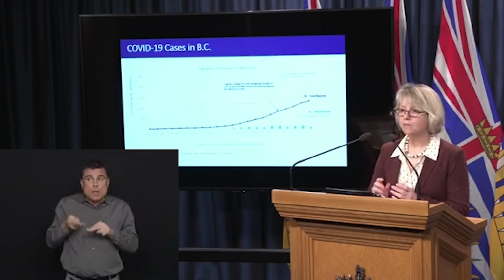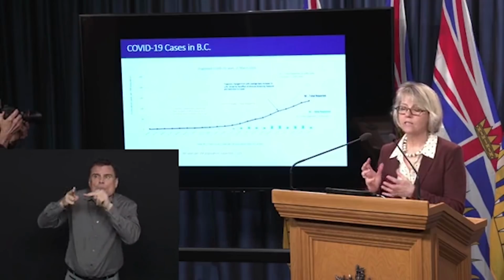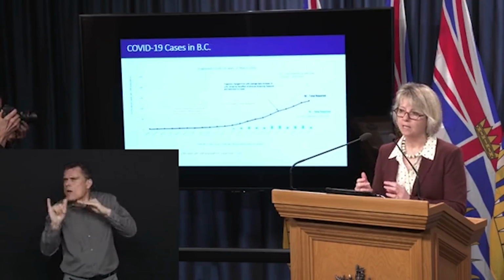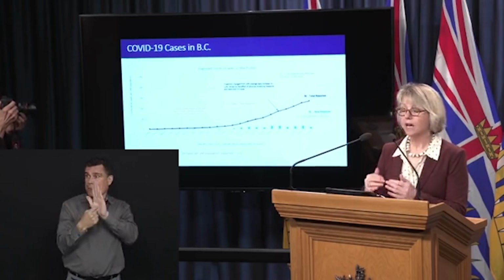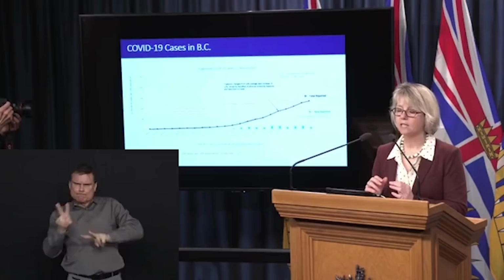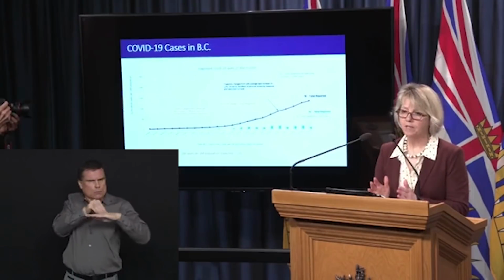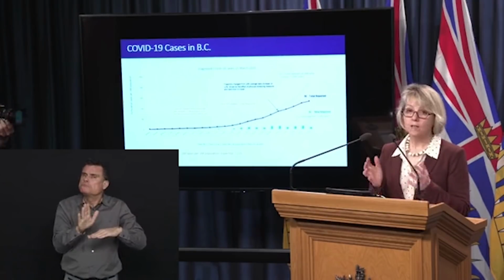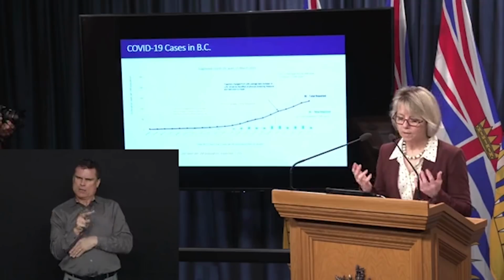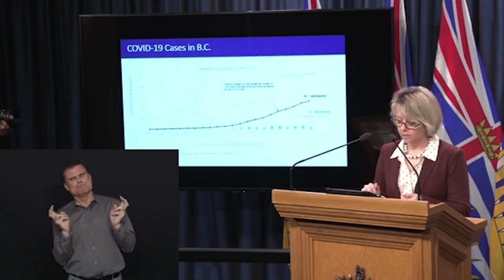We also are doing some what we call dynamic modeling that looks at impacts of measures that have been taken. But that modeling is still at a very early stage because we haven't, thankfully, had a lot of cases yet in BC. And we are still within the time frame of implementation of some of the broad social measures that we've all been impacted by in the last few weeks.